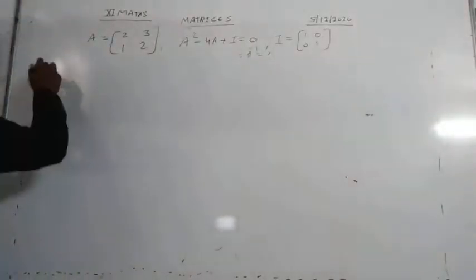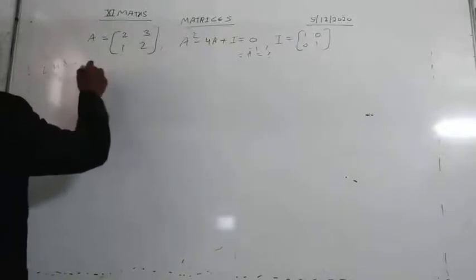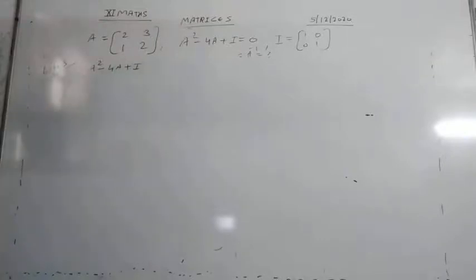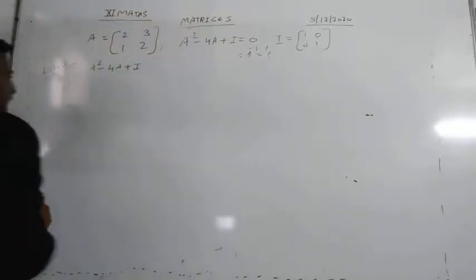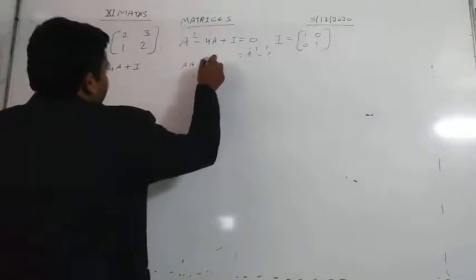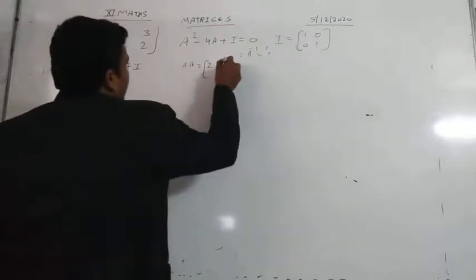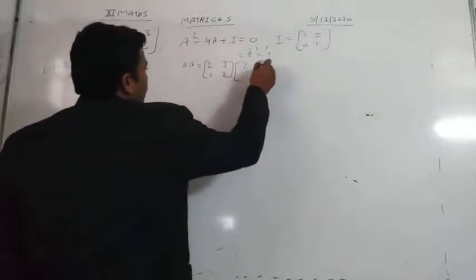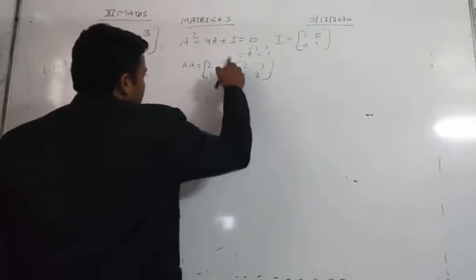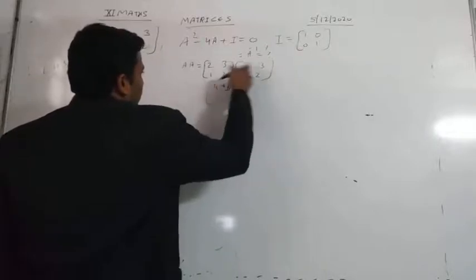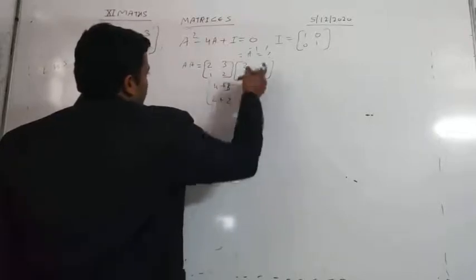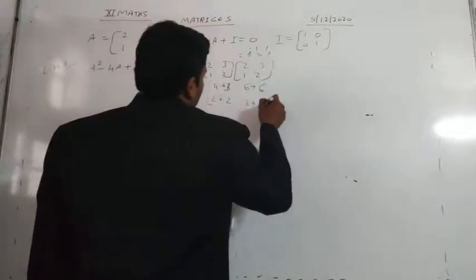Now we will take the left hand side of the equation, A square minus 4A plus I, and verify it. First we will find the multiplication of A into A. So it is 2, 3, 1, 2 times 2, 3, 1, 2. Now multiply this: 2 into 2 is 4, plus 3 into 1, which is 3; 2 into 3 is 6, plus 3 into 2 is 6; 1 into 2 is 2, plus 2 into 1 is 2; 1 into 3 is 3, plus 2 into 2 is 4.